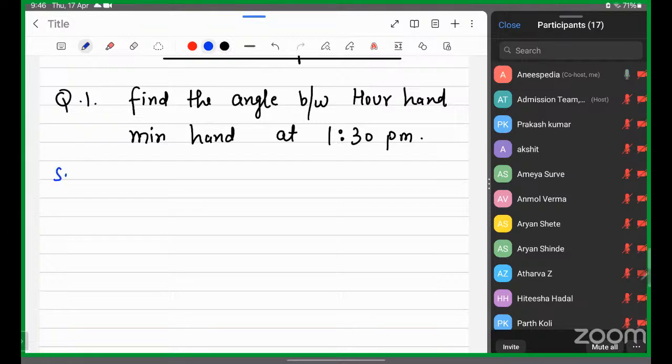So how will you solve it? One approach is, you can go by the core concept, that is, find the total angle traveled by the hour hand and minute hand and take the difference. So let's say first of all I will find out for hour hand. So total time is 1 hour plus 30 minutes. 30 minutes means 30 by 60, that is 1 plus 1 by 2 hours. So this will be 3 by 2 hours.